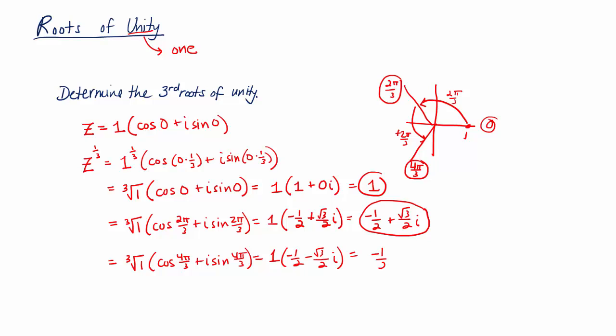So we have our last root in a plus bi form right there. So remember, if you were doing the fourth roots of unity, you're still going to get 1. But they would be pi over 2 apart. Wouldn't they be 1, -1, i, and -i?